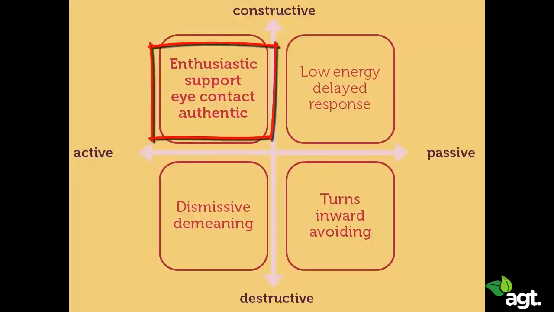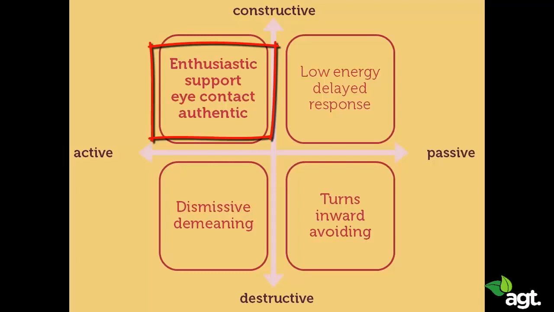Here's a matrix that shows us the four different types of responses that we can give to good news. The most productive and positive response is what we call active and constructive, in the upper left corner. To understand all of them, let's consider an example. Let's say your partner comes home and tells you about a promotion they got.